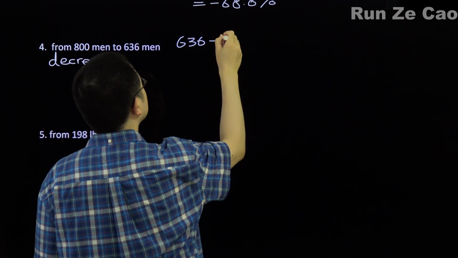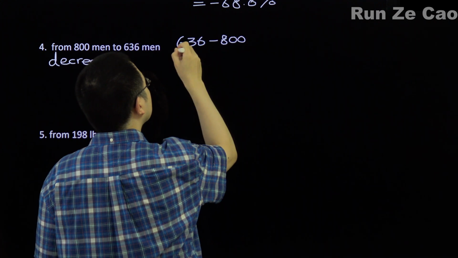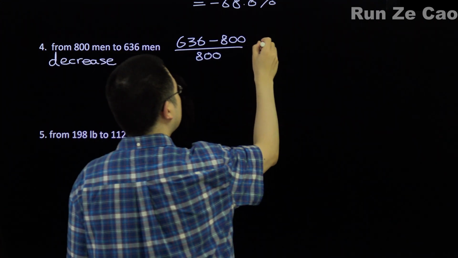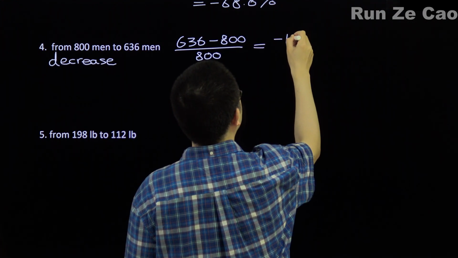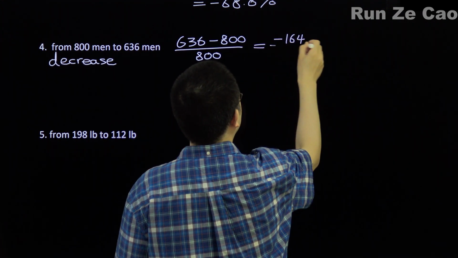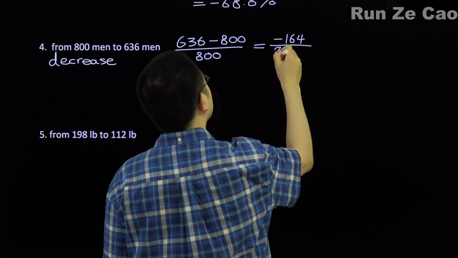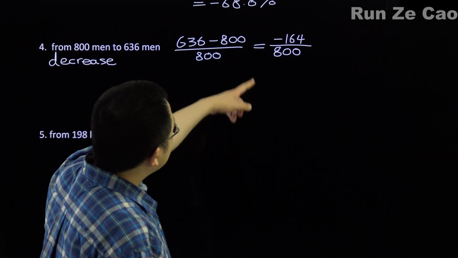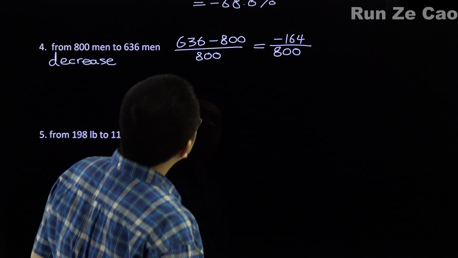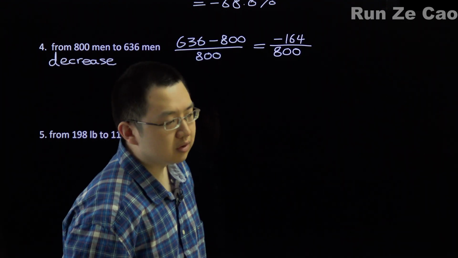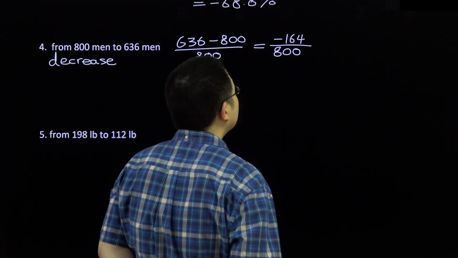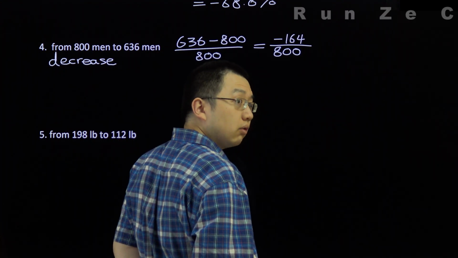636 minus 800 over 800. So you're looking at negative 164 over 800. Too bad the number up there is not divisible by 8, because we could have ended up with just over 100, in other words, percents. But it is divisible by 4.